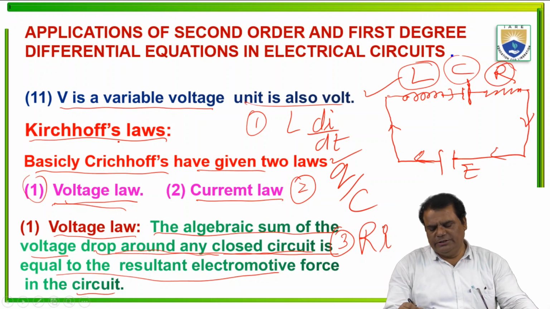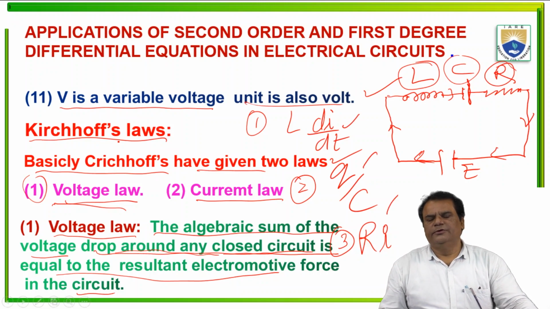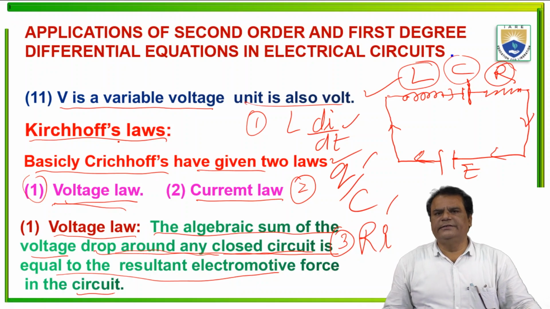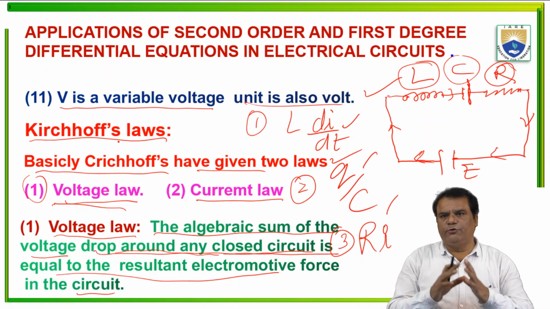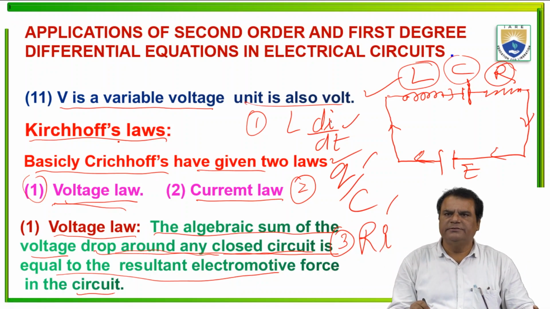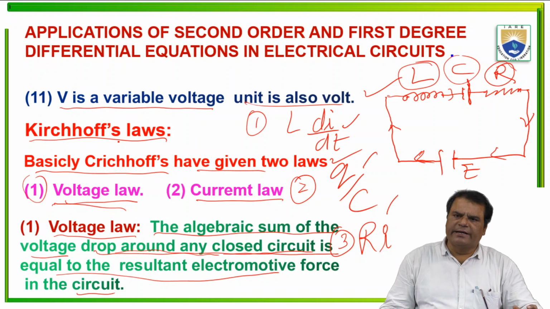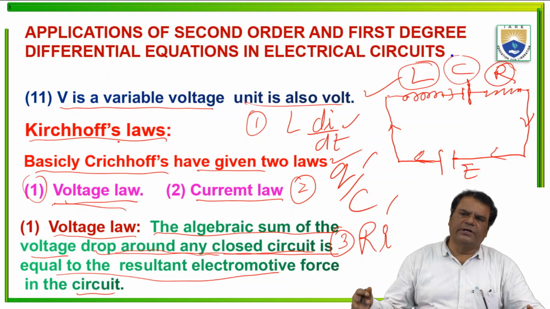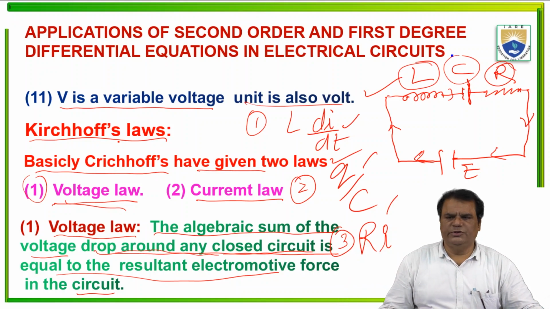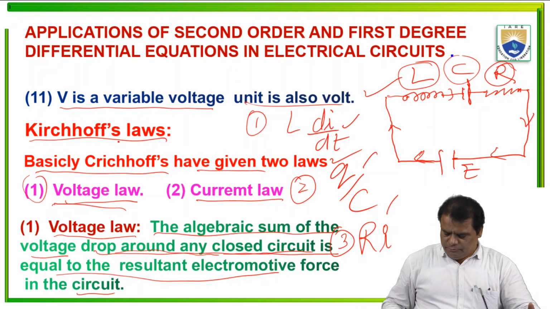So these are the three results. This voltage law says that the sum of the total voltage, which is the voltage from the inductance, the capacitance and the resistance, in any circuit is equal to the total electromotive force. This is known as voltage law.